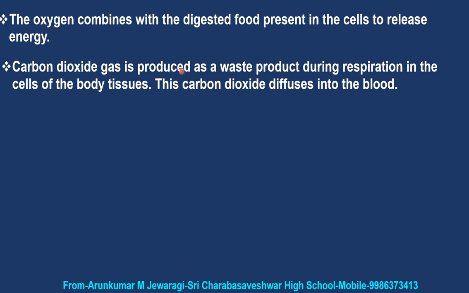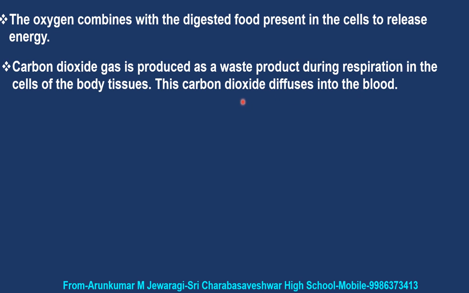carbon dioxide gas is produced during the aerobic respiration in the mitochondria. When the energy is released, along with the energy, carbon dioxide gas is also released. So carbon dioxide is produced as a waste product during the respiration in the cells of the body tissues. This carbon dioxide diffuses into the blood.